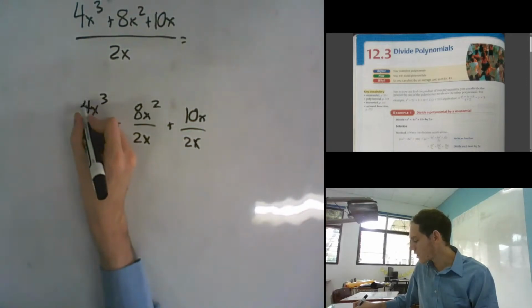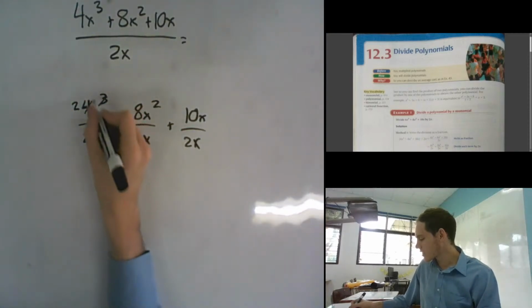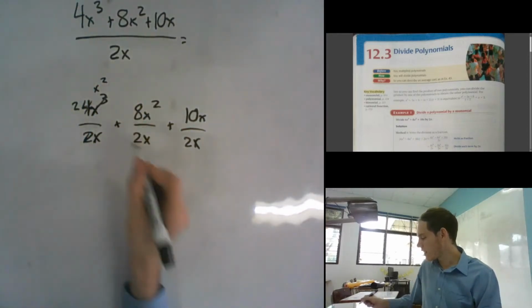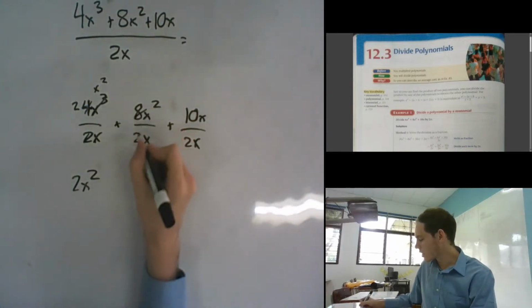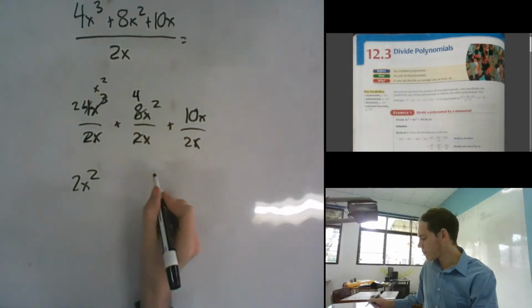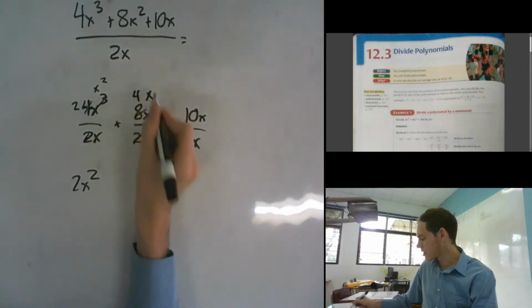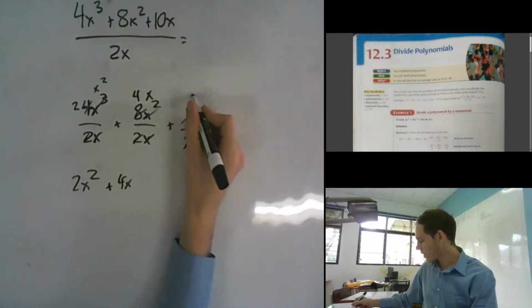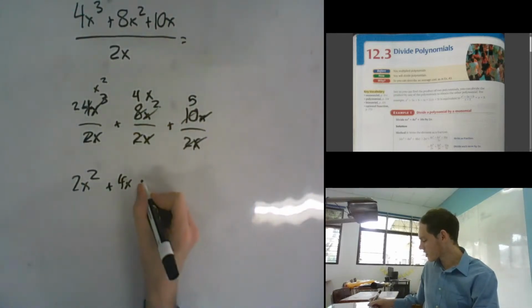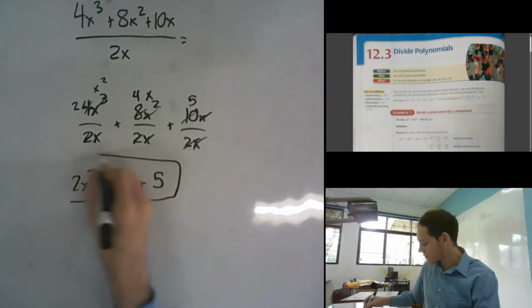So the 2 and the 4 cancel, and the x and the x cubed cancel, so we get 2x squared, and 8 and 2 become 4. 8x squared divided by x is just x, so plus 4x, and then 10 divided by 2 is 5. X divided by x cancels out, so we get 5. So our answer is 2x squared plus 4x plus 5.